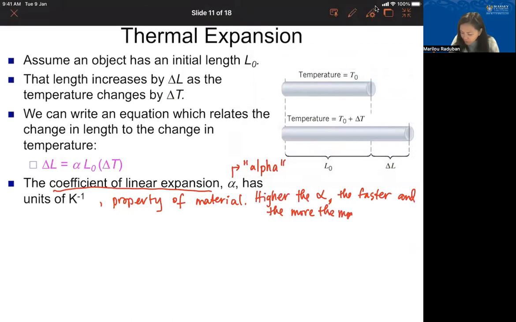Right, and so different materials have different coefficients of linear expansion, and therefore different materials expand at different rates.